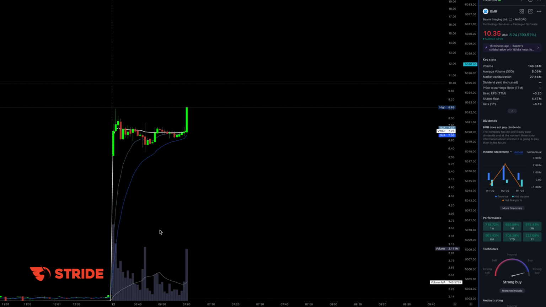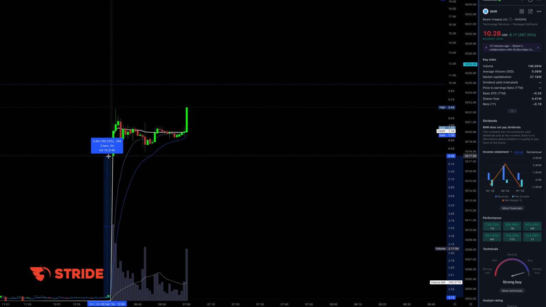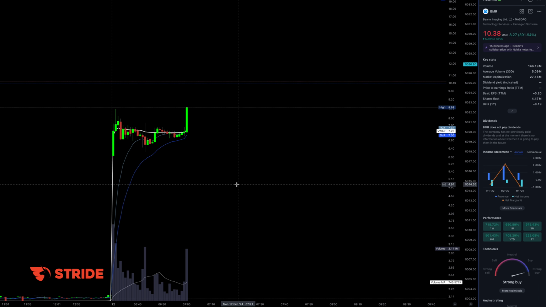And on top of that, with small caps, you can have halts. Let's see an example. This morning, this stock, a small cap, had news, and it opened the day up already 185%. So let's pretend that for any reason you want to short this stock, you check with your broker, and they were able to locate some shares for you.